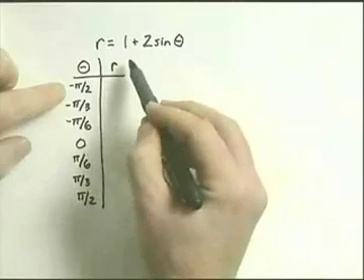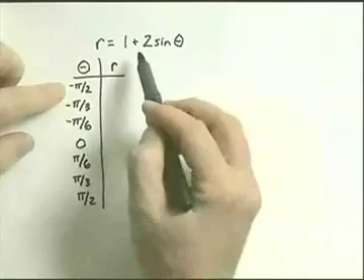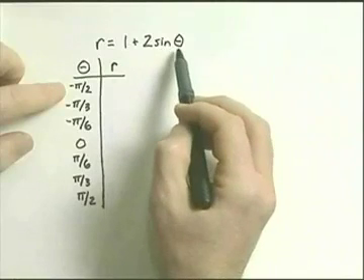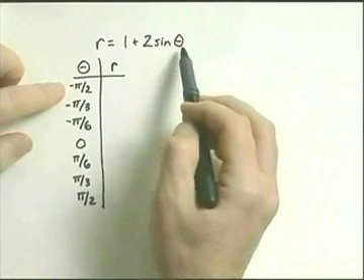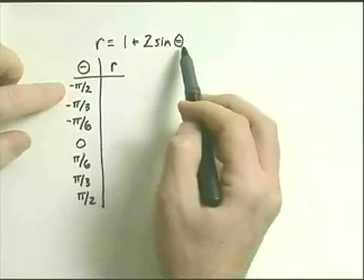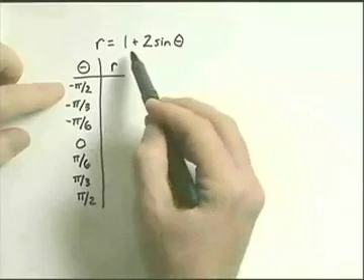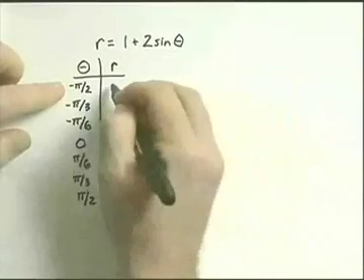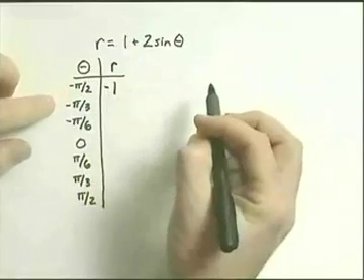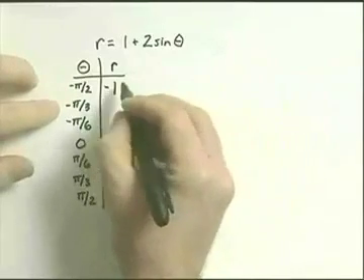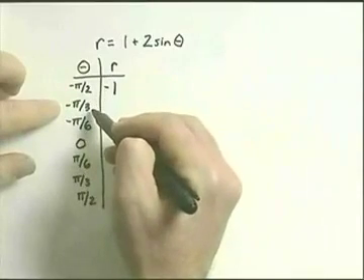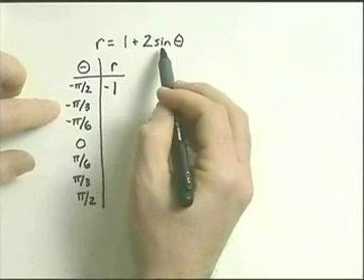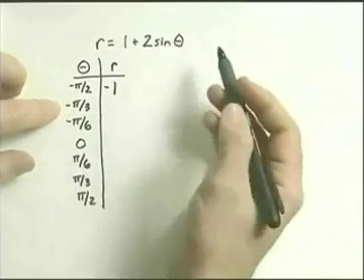For example, when theta is negative pi over 2, we're going to have 1 plus 2 times the sine of negative pi over 2. The sine of negative pi over 2 is negative 1, so I have 1 plus 2 times negative 1, which is negative 1. Similarly, when theta is negative pi over 3, I get 1 plus 2 times the sine of negative pi over 3.